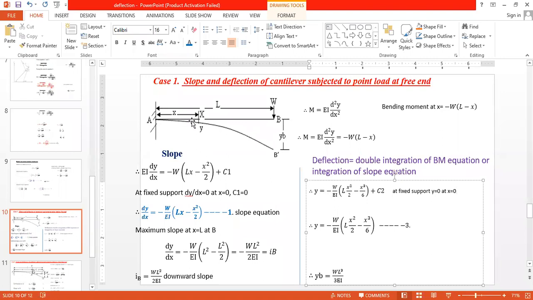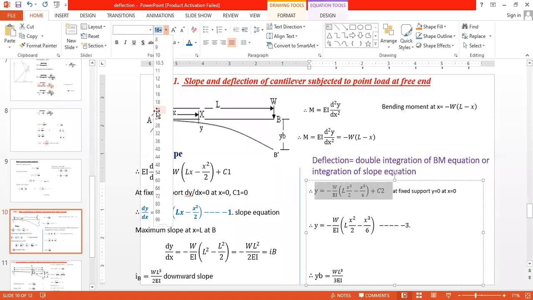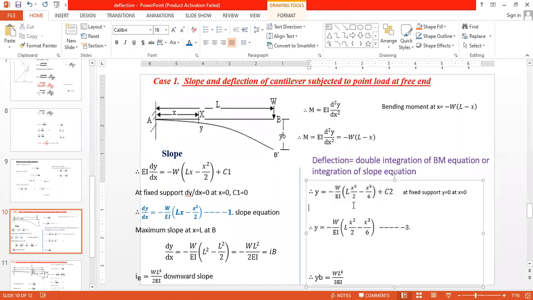You can visualize this. y is equal to 0 minus w by EI. Here is this equation. Now you see here, x is equal to 0 means this bracket becomes 0. Now when this bracket becomes 0, this total term becomes 0 and y is also 0.